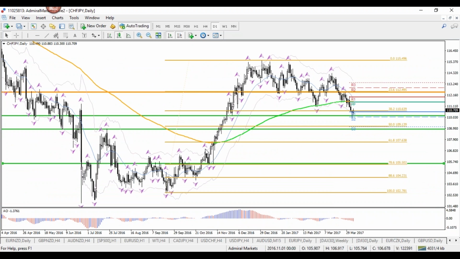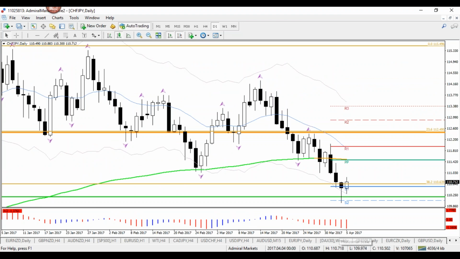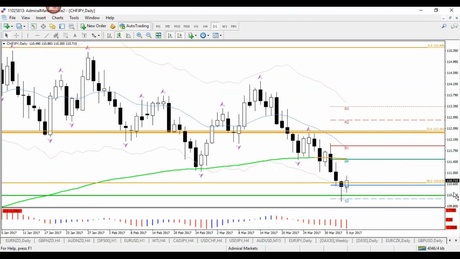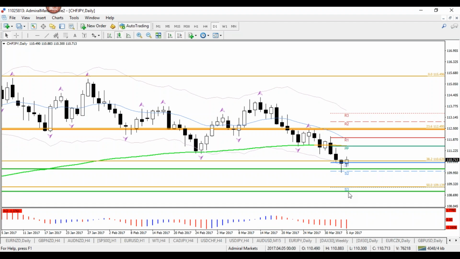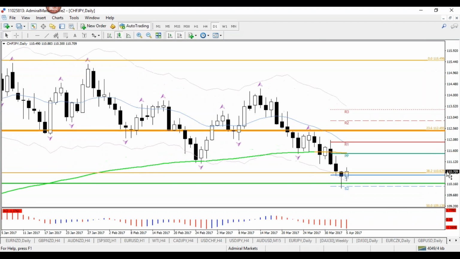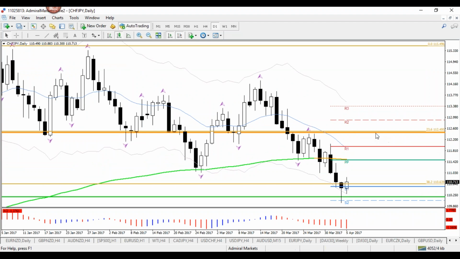You don't have to only use fractals, but you can use tops and bottoms too, of course. And price is bouncing away from that. So at this moment, I would say that the next one is S3 and this green line, or the orange line perhaps in the 23.6 fib.